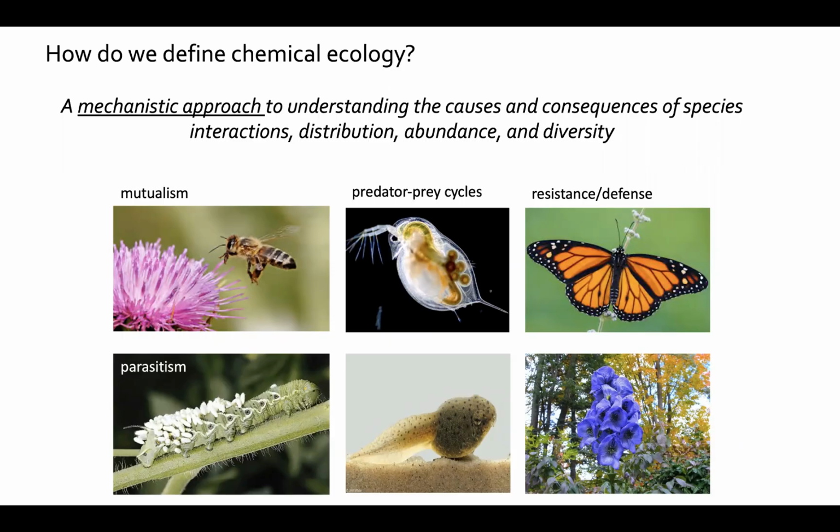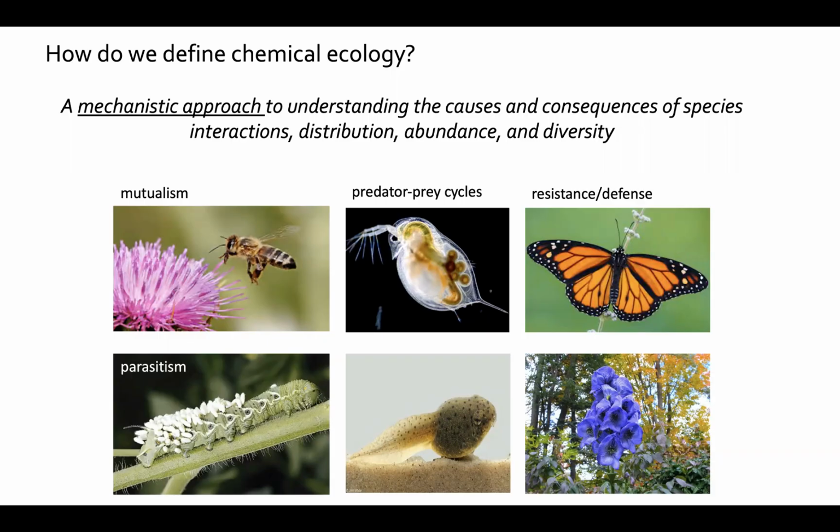And so really what chemical ecology allows for is this mechanistic approach to understanding the causes and consequences of species interactions, species distributions, their abundance, but also their diversity.